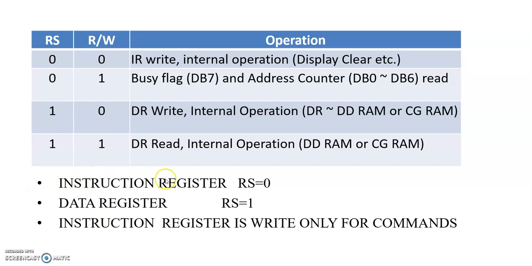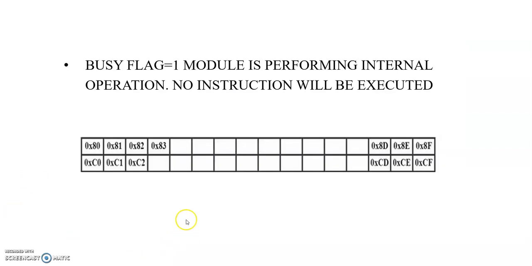The LCD comes with 2 lines. When the busy flag is 1, the module is performing an internal operation and no instruction will be executed. Each line has 16 characters.